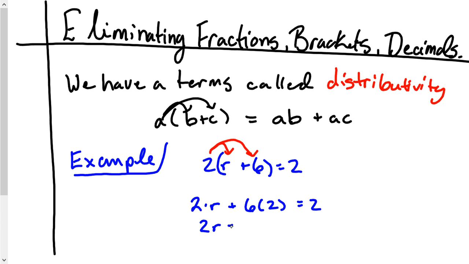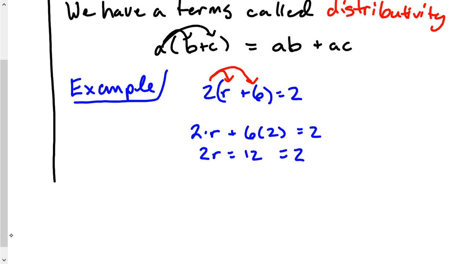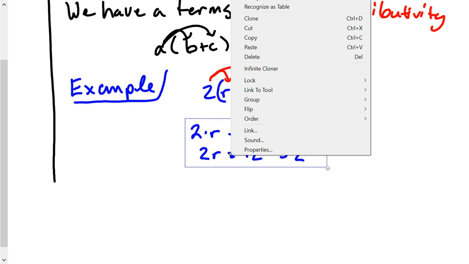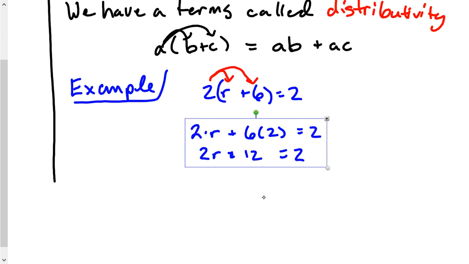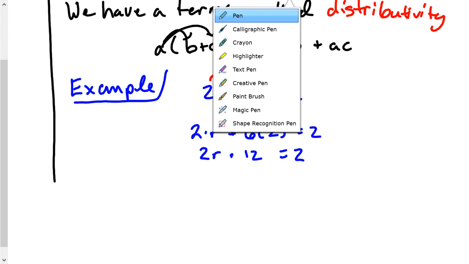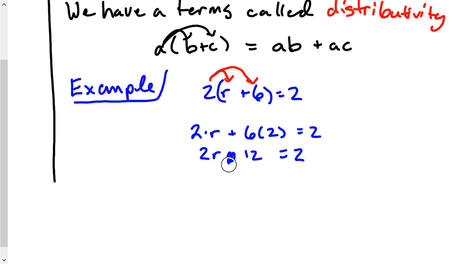So 2r plus 12 is equal to 2. Then we can solve the equation. Oops, that should be a plus. Where's my eraser here? There we go. All right, so that should say plus.